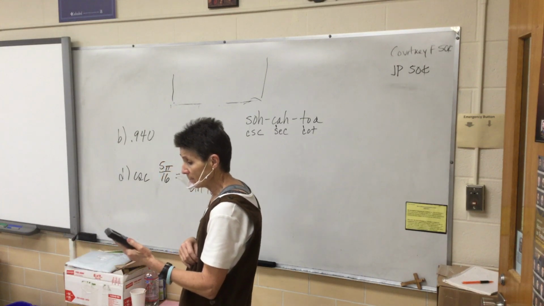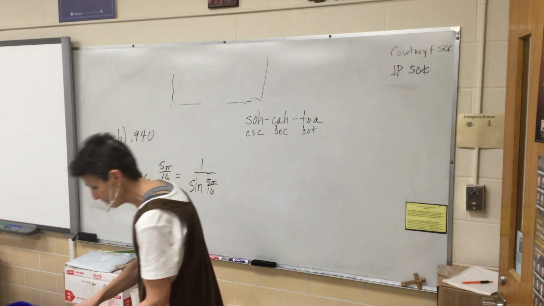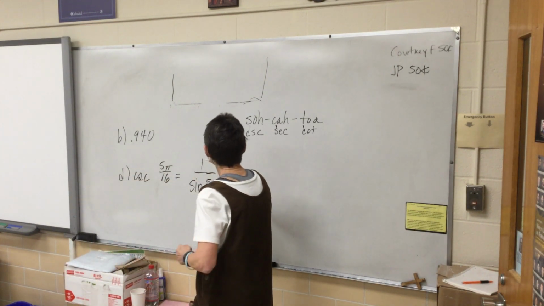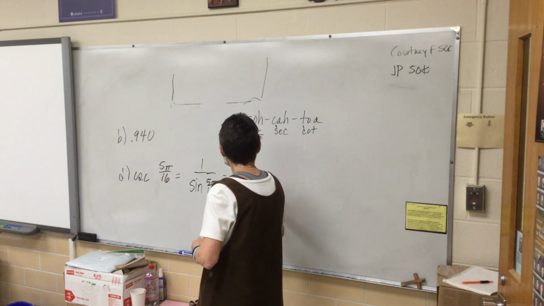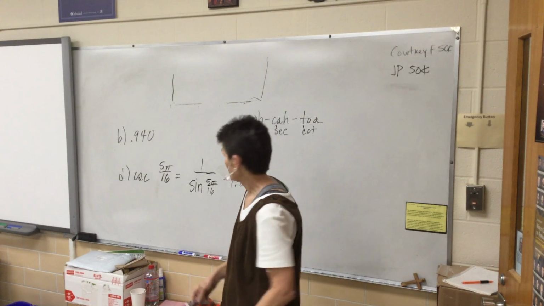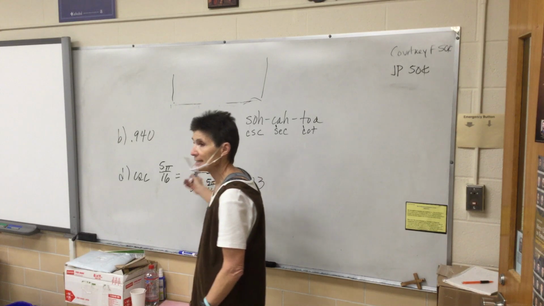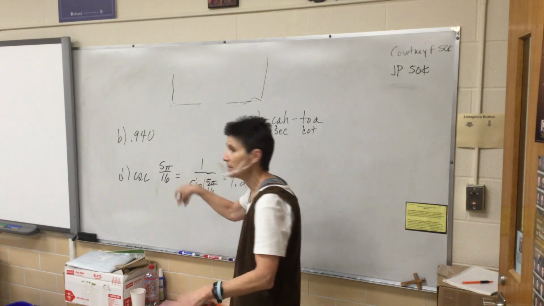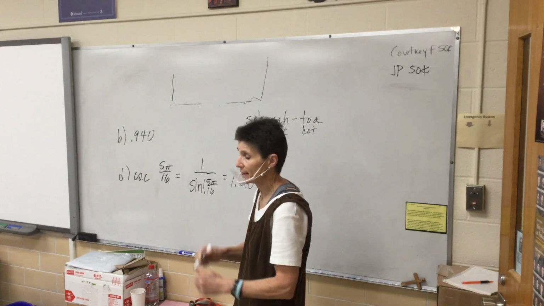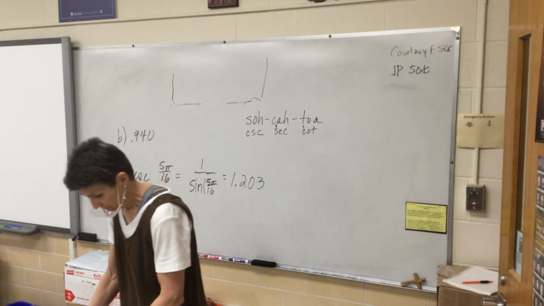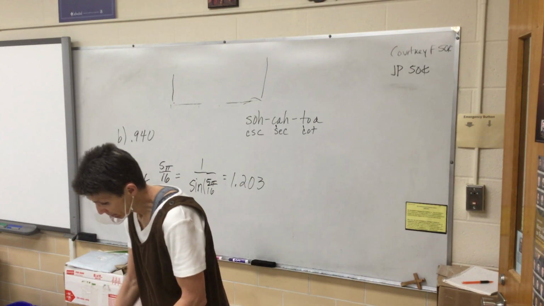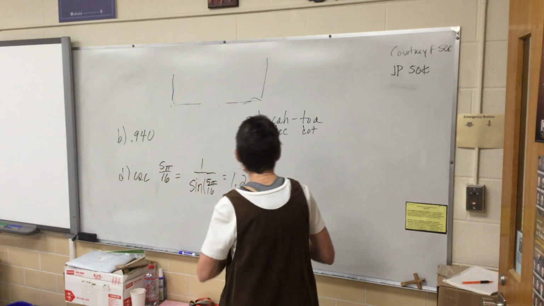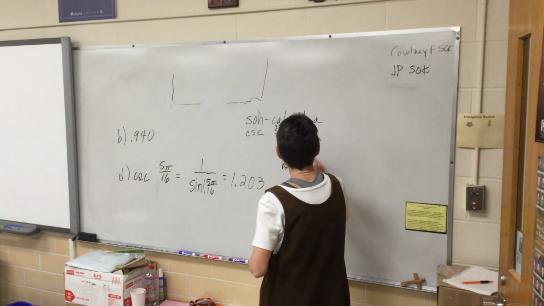Did you get 1.203? You're just typing that in just like that. The only parentheses necessary are right here, and they come in automatically. You don't need to worry about it. They're there. All right, next, now we've got secant 18 pi over 23.